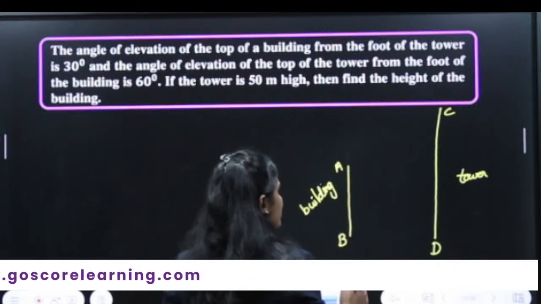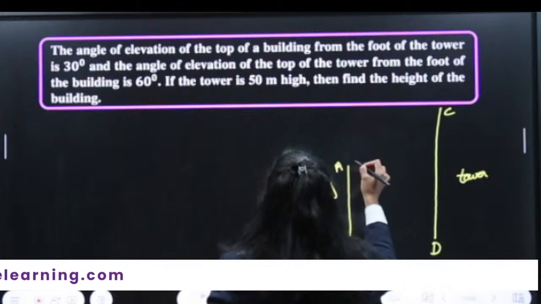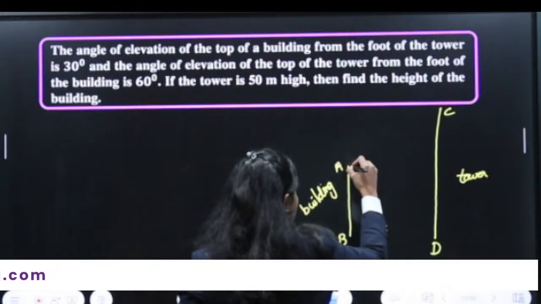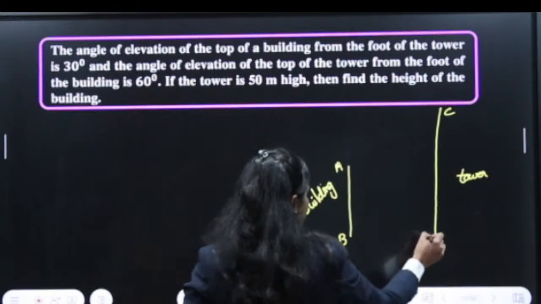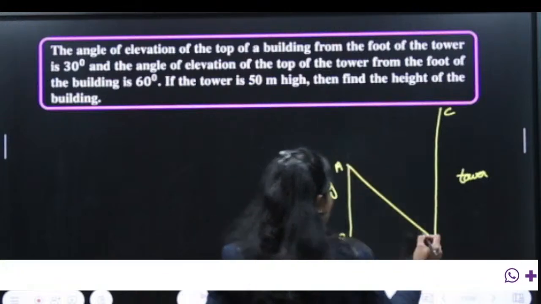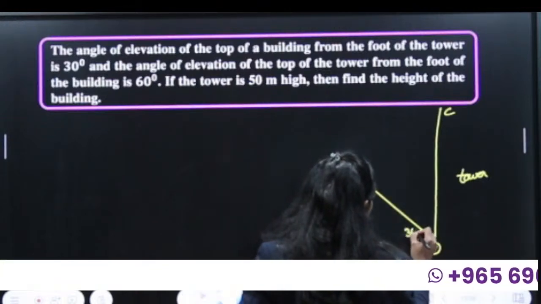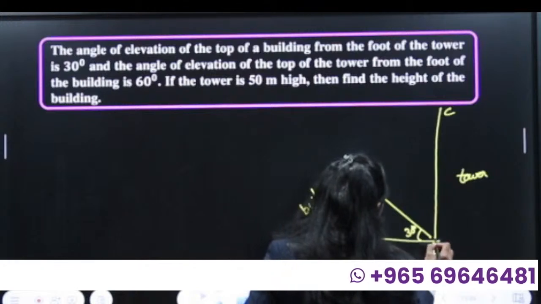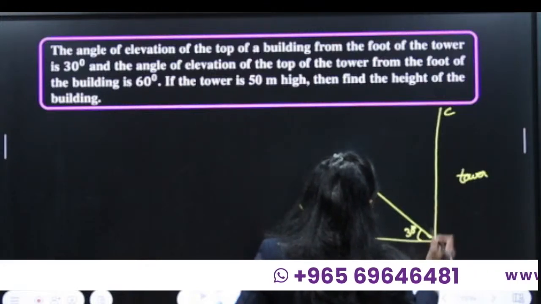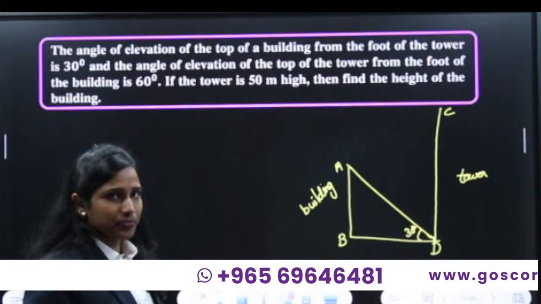Okay. So from the foot of the tower to the top of the building is 30 degrees. So this angle is 30 degrees. So we need a horizontal line, right? We need a horizontal line. So it is 30 degrees. Okay.